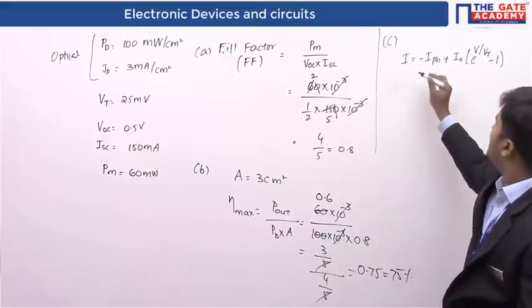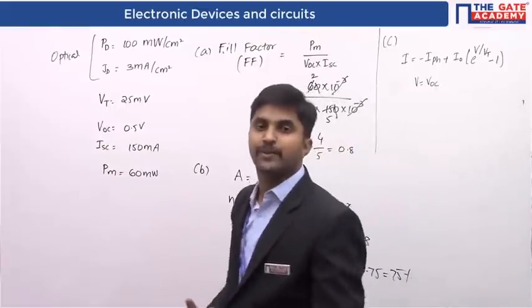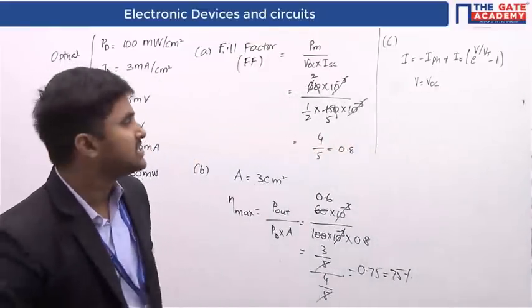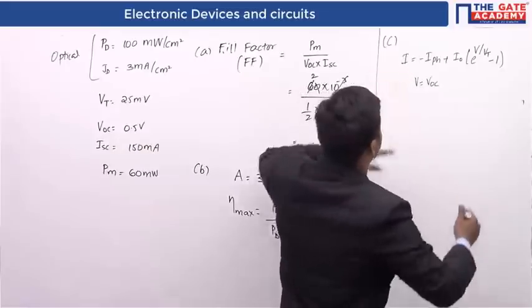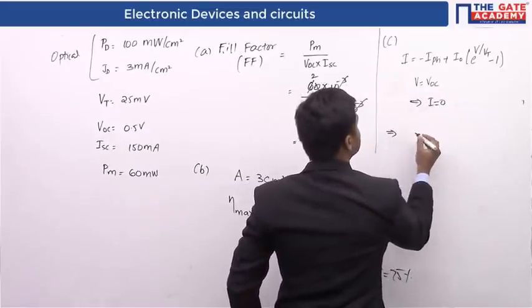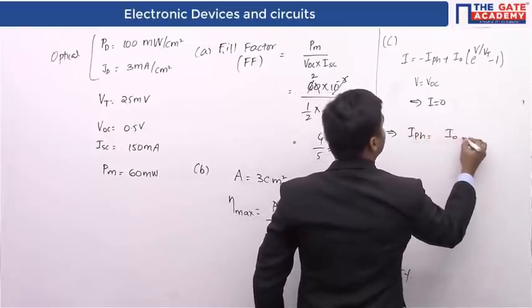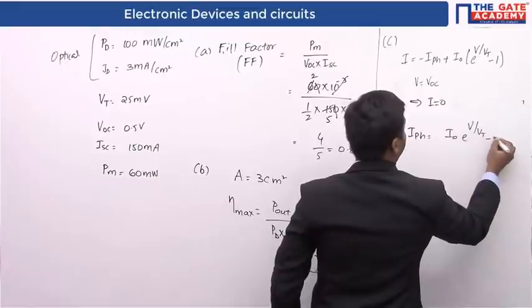And we know at V equal to VOC, if you are applying the open circuit voltage, the current which is flowing is going to be equal to 0, which implies Iph is equal to I naught into e power V by Vt minus 1.